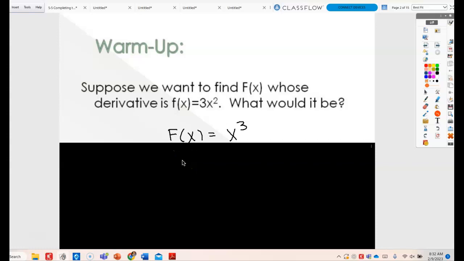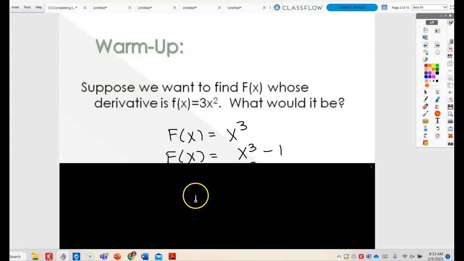The problem with that is that technically that's not the only valid answer. Because in derivative form, the derivative of a constant is 0. So I could technically tack on any value being added or subtracted to this, and I would still end up with that derivative.